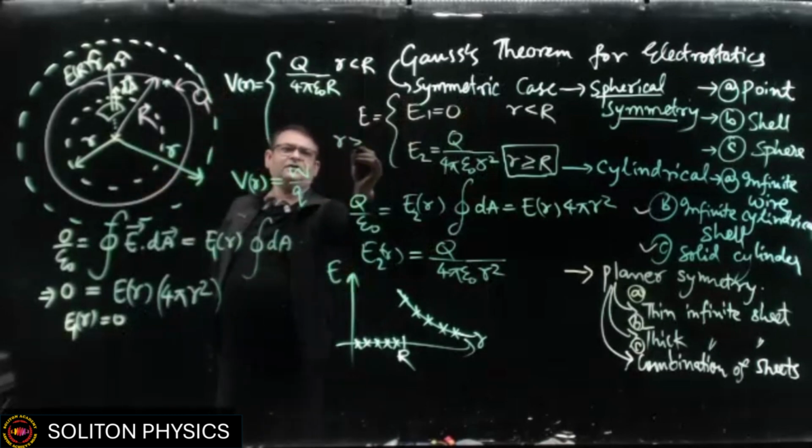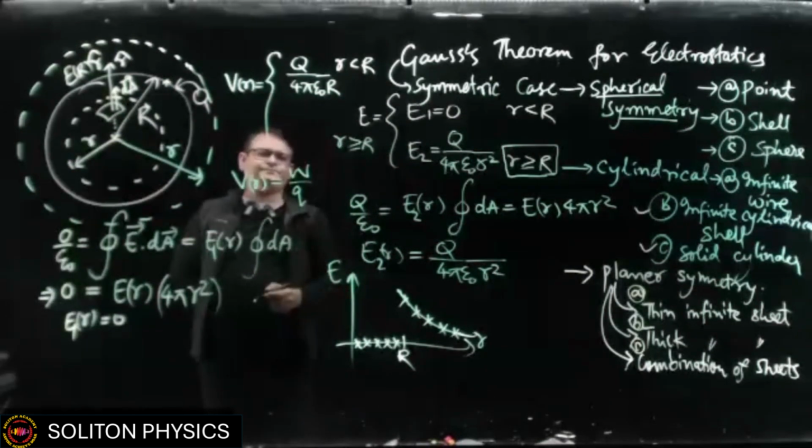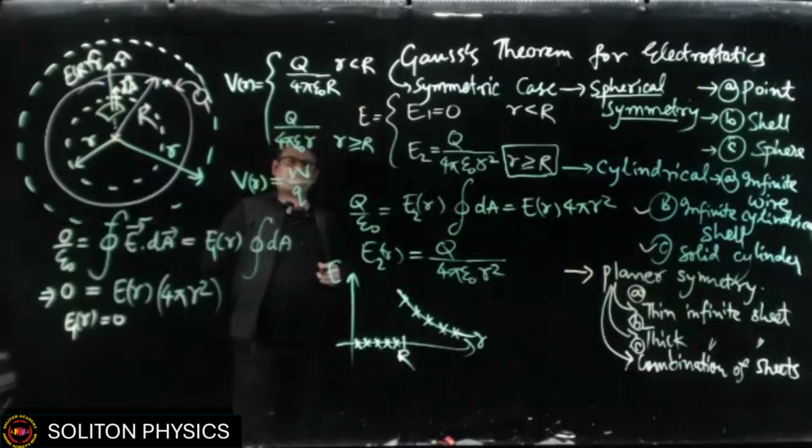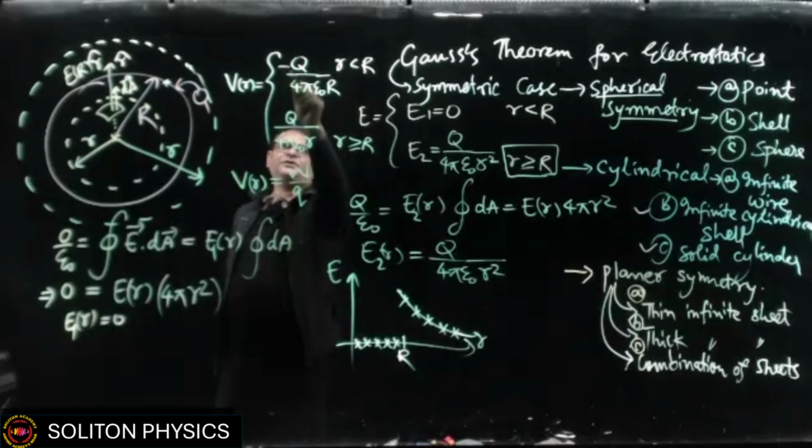For r greater than or equal to big R, this will be Q upon 4 pi epsilon naught r. Okay, and I think there has to be a minus sign.